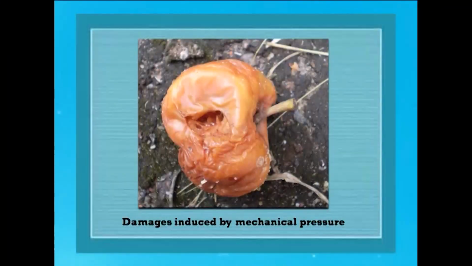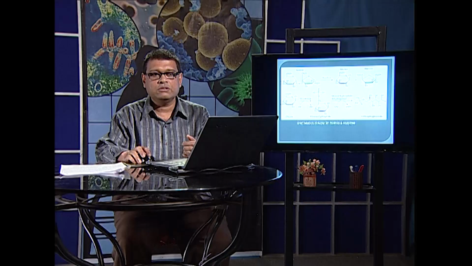This is another way by which the fruit is suffering from some external pressure or damage or enzymatic degradation, and the food becomes degraded and naturally it is not fit for consumption.